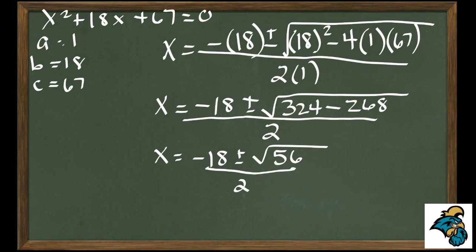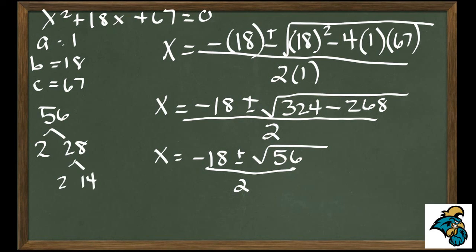So now we have to look at the square root of 56, and we have to recall how to simplify these square roots. The square root of 56, if we take 56 and we break it down, is 2 times 28, my bad, and then 2 times 14.